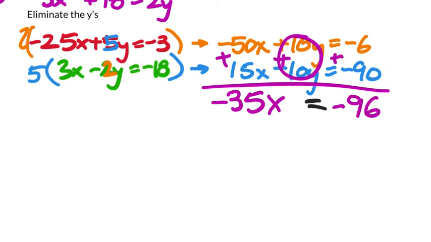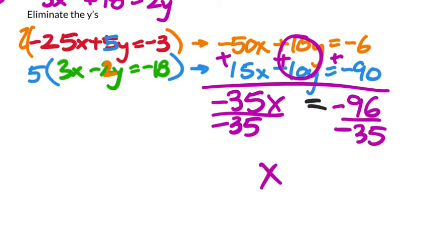This isn't going to come out very pretty, but my calculator knows how to simplify it for me, because I can just divide both sides by the coefficient of x here, negative 35. So in my calculator, I have negative 96, whoops, all over negative 35, enter, oh. And so it actually didn't simplify at all, other than to get rid of those negatives right there, 96/35.